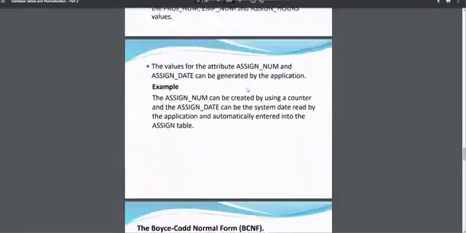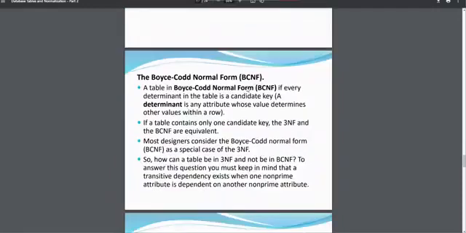Then the next one is Boyce-Codd normal form. So what kind of thing can be considered as Boyce-Codd normal form? A table is in Boyce-Codd normal form if every determinant in the table is a candidate key.